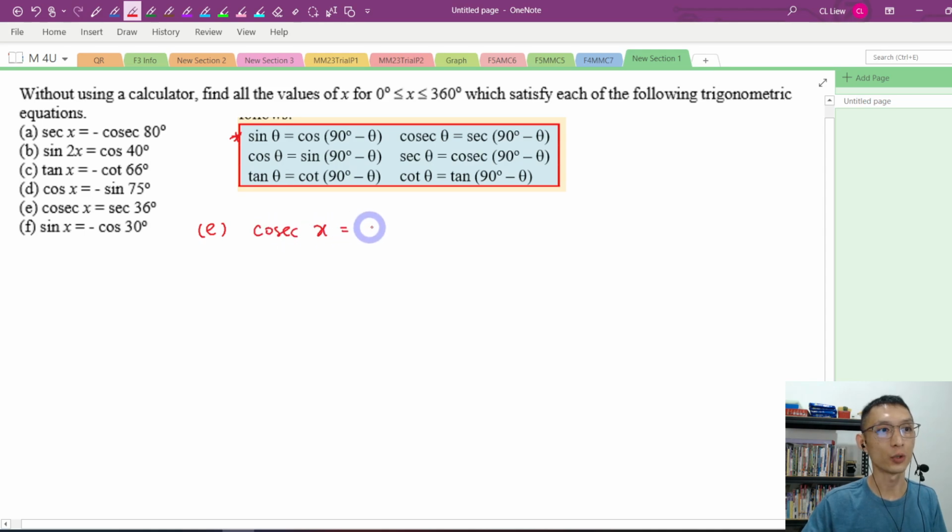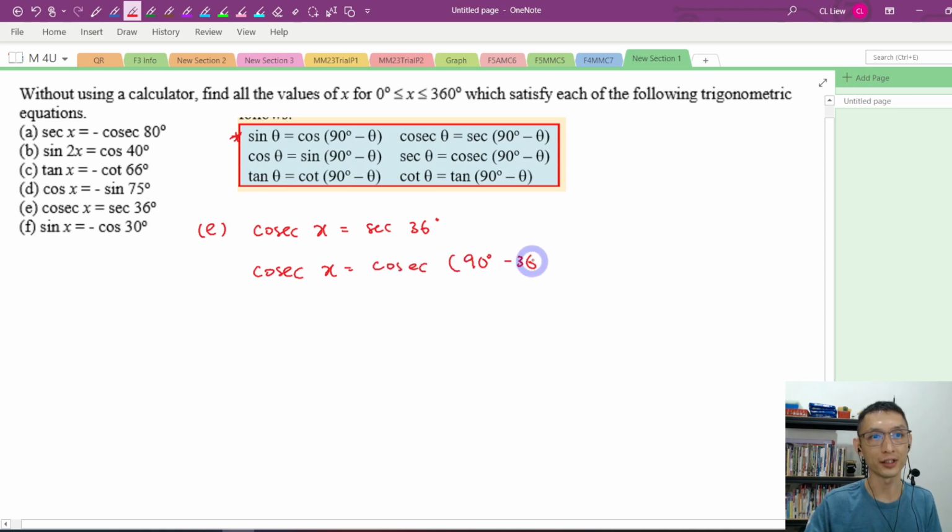Cosecant x is equal to secant 36 degree. So you notice that this is cosecant, this is secant, different. So I'm going to use this relationship to help me change it to become the same. Cosecant x, so secant I change it to cosecant, and it will become 90 degree minus 36 degree. Do you have a negative?